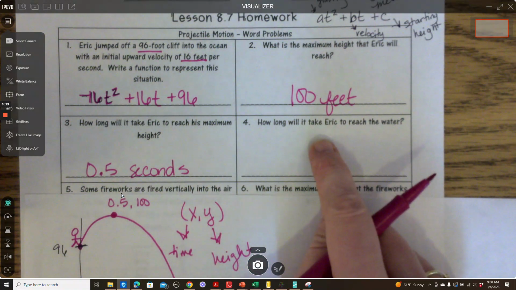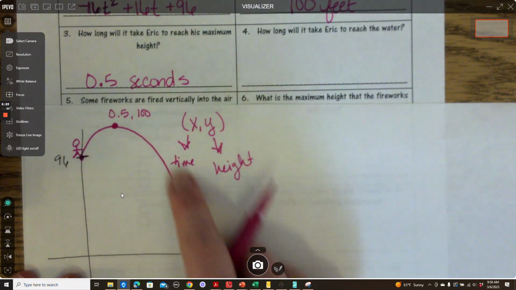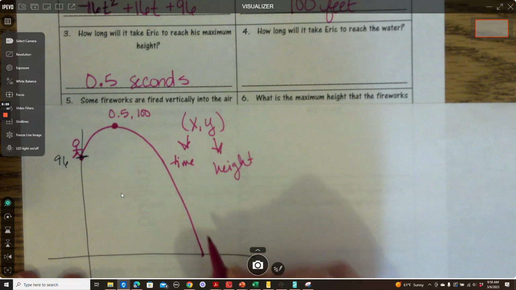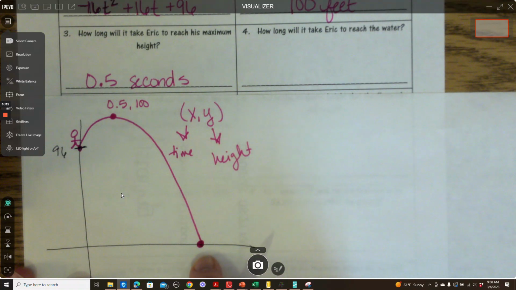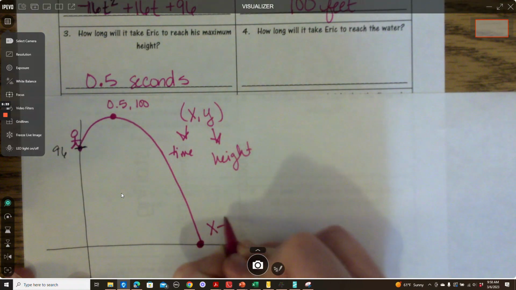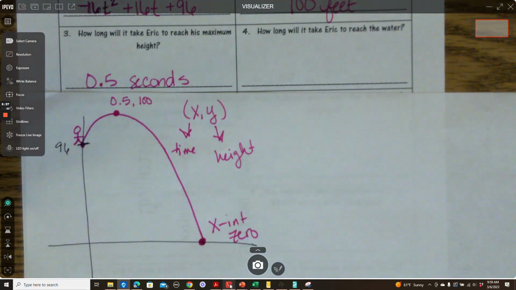And then how long will it take Eric to reach the water? If he jumps, this is where he's going to hit the water. What is that point called on a graph of a parabola? An x-intercept, a 0, all that good stuff.